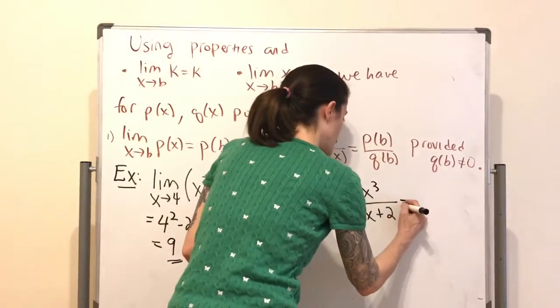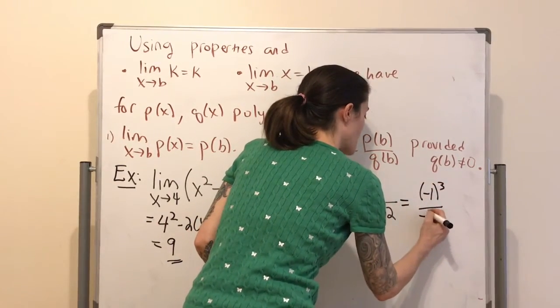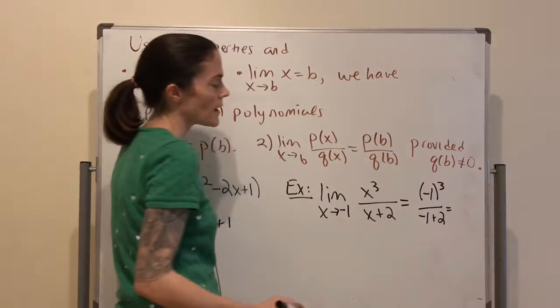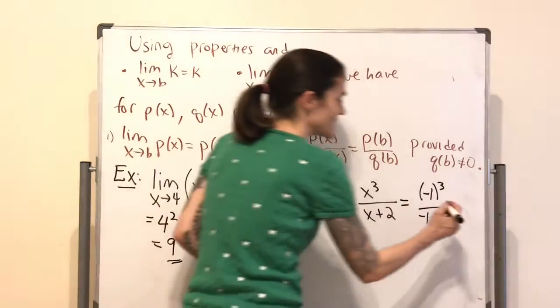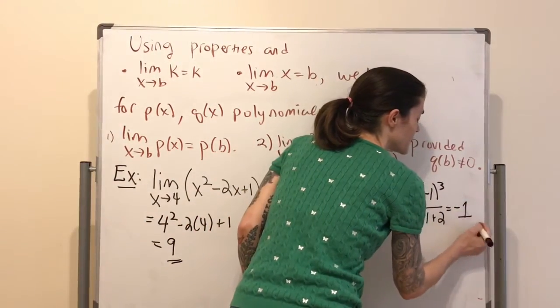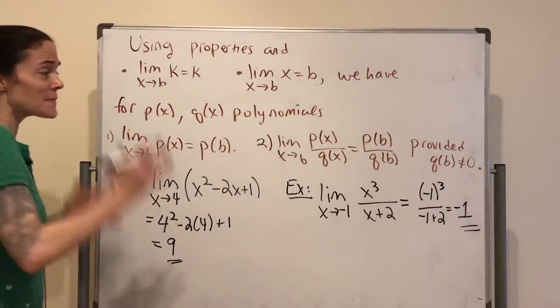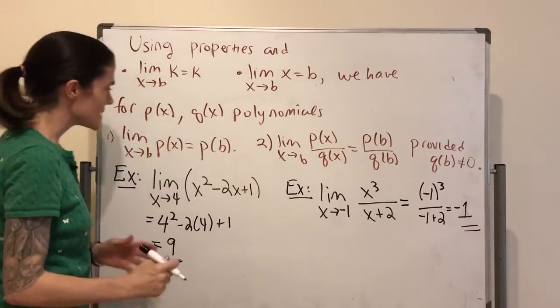So this would be minus 1 cubed over minus 1 plus 2, which is minus 1 divided by 1. This is just negative 1. Okay? So these limits we get immediately, just by using these 2 limits, well, and properties.